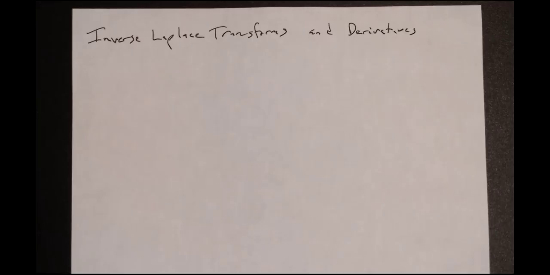Moving onward. So if I have a function of t, I can do this crazy integral and get the Laplace transform of that function, provided that Laplace transform integral converges. I'd like to be able to go the other way.